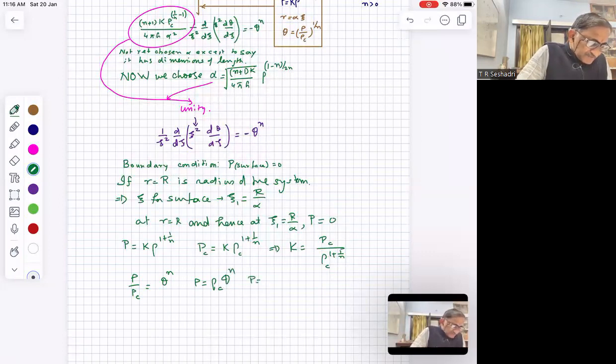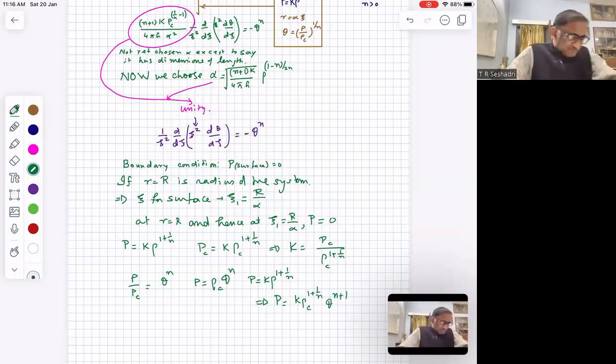And since P is equal to K rho power 1 plus 1 by n, P will be equal to K into rho C to the power 1 plus 1 by n, theta to the power n plus 1. Are you with me?